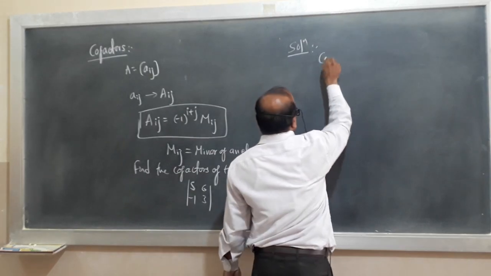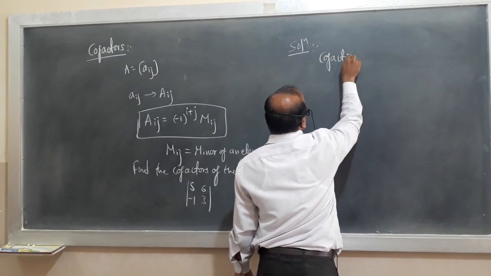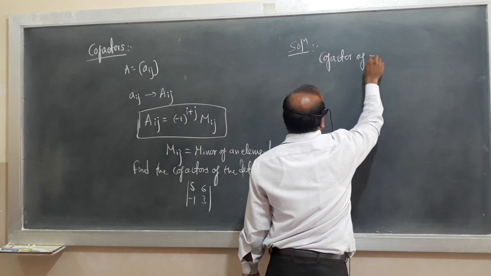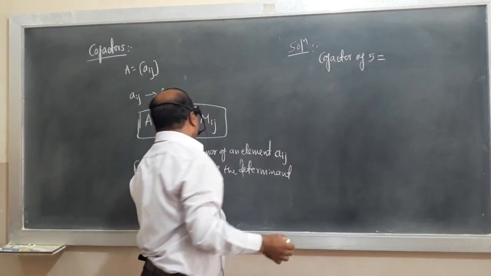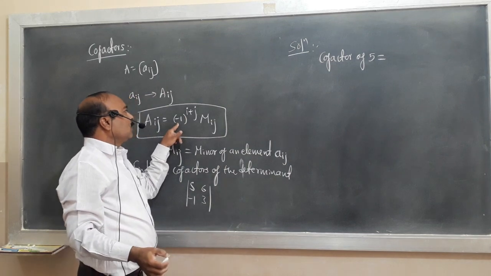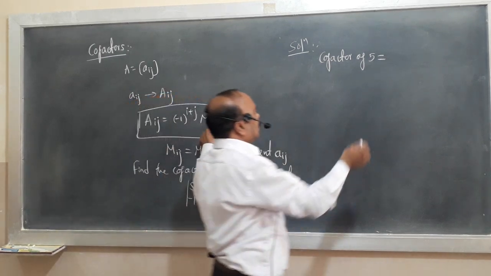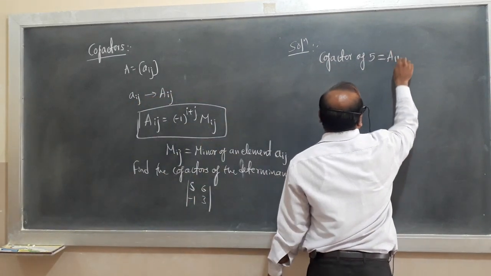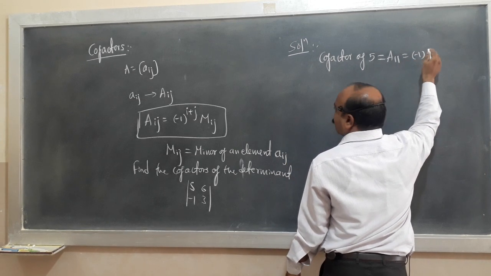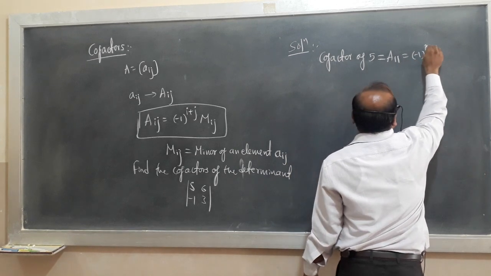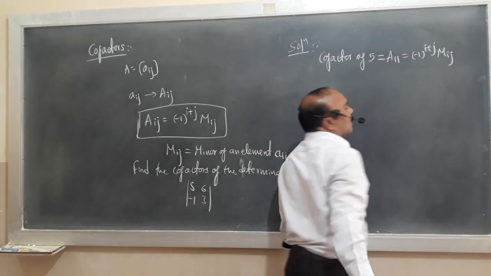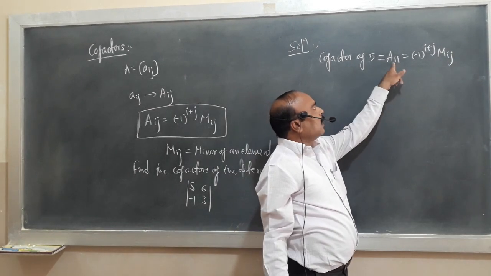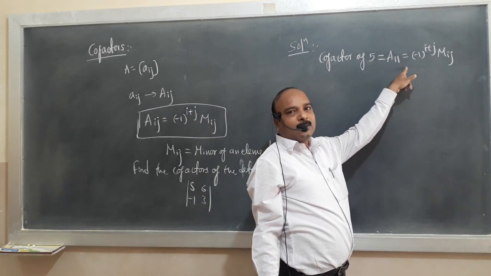First we write the cofactor of 5. It is given by the formula minus 1 power i plus j into Mij. Its symbol is A11. Here the i value is 1 and the j value is 1.